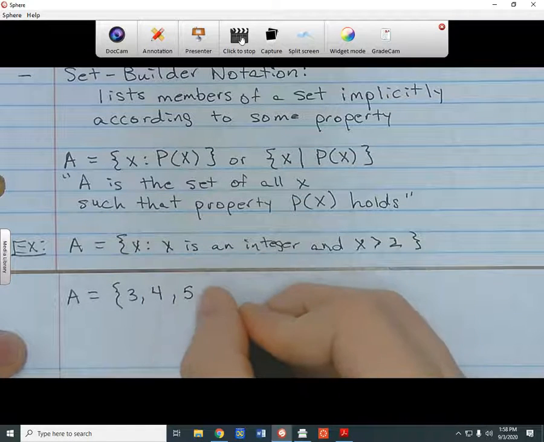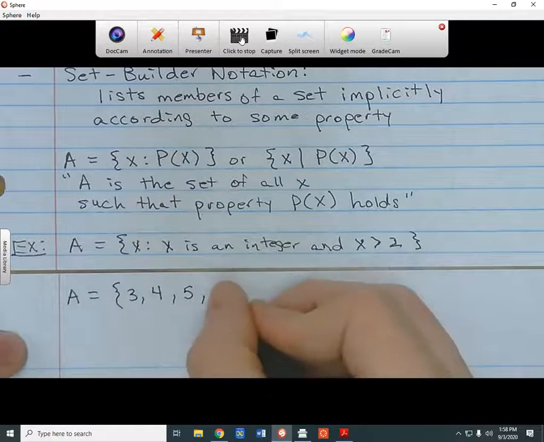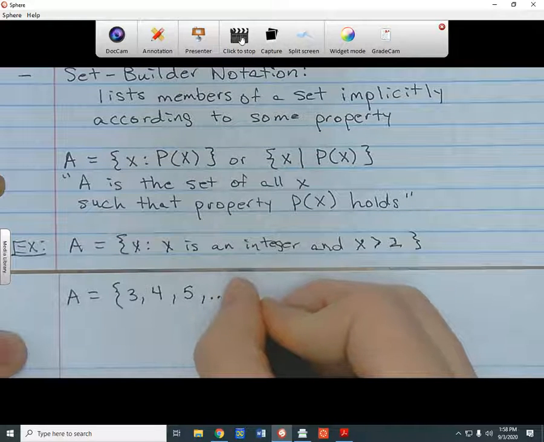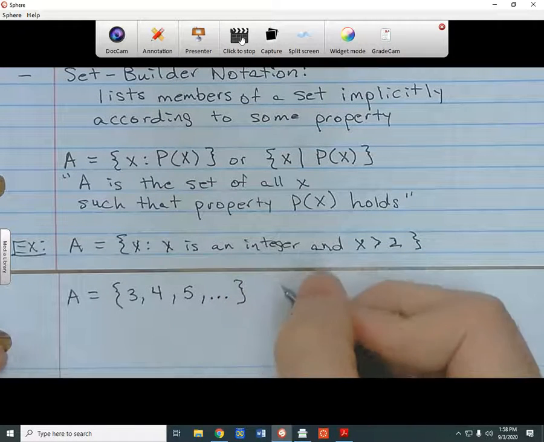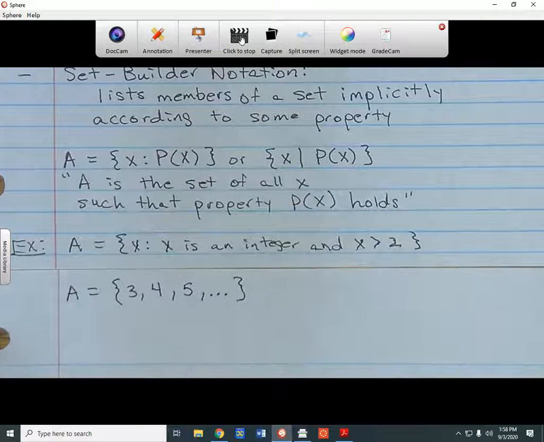And we can keep on going like this. So we know that we can write a set in set builder notation, but we can also write a set explicitly, naming all the members of the set.